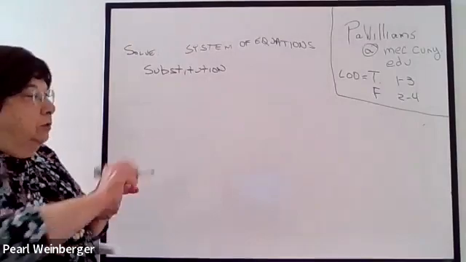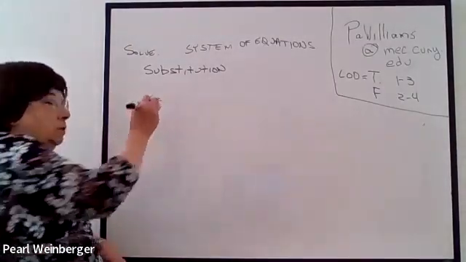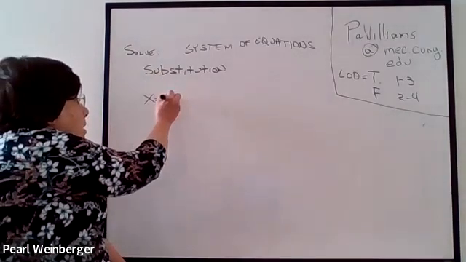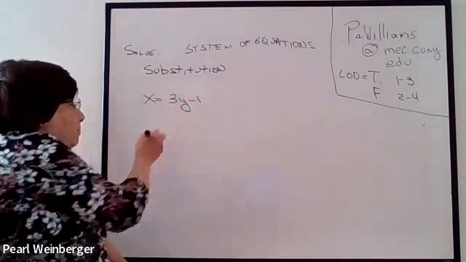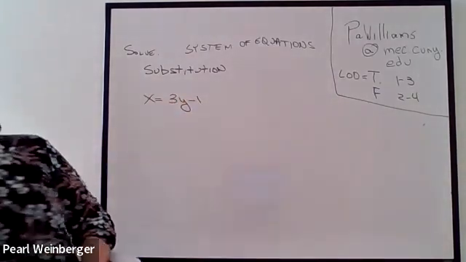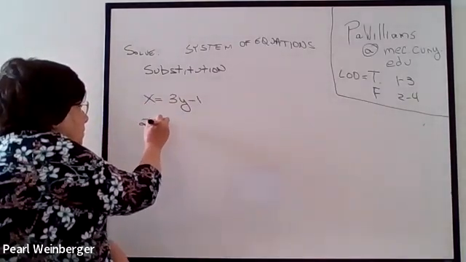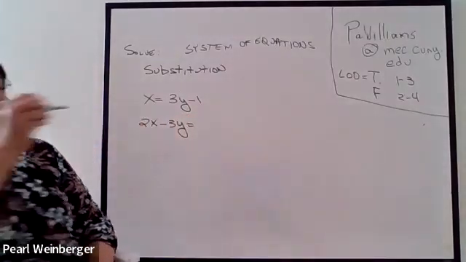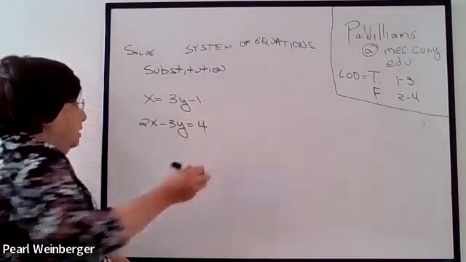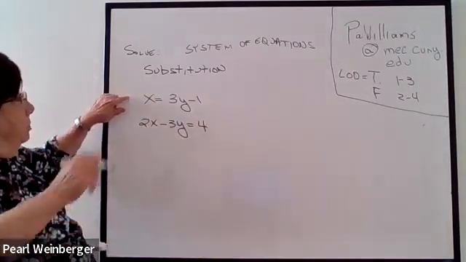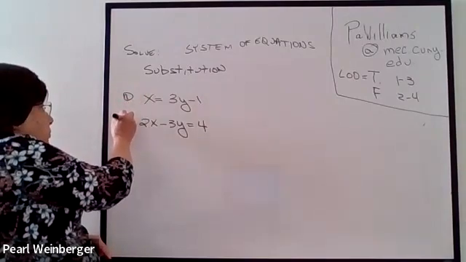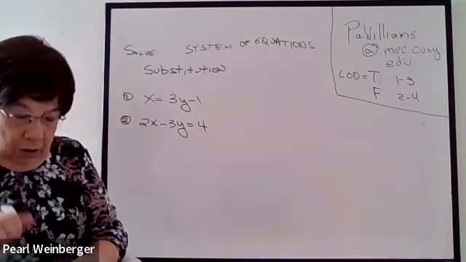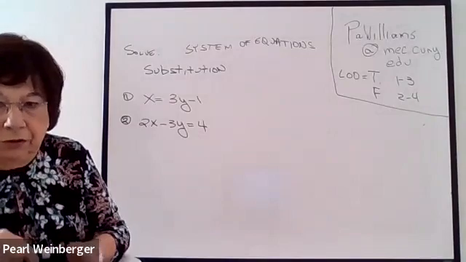My first equation is x equals 3y minus 1. And my second equation is 2x minus 3y equals 4. Okay, so here's your system of equations. Here's equation number 1. Here's equation number 2. See if you can solve the system of equations. I'll give you a few minutes to try that.